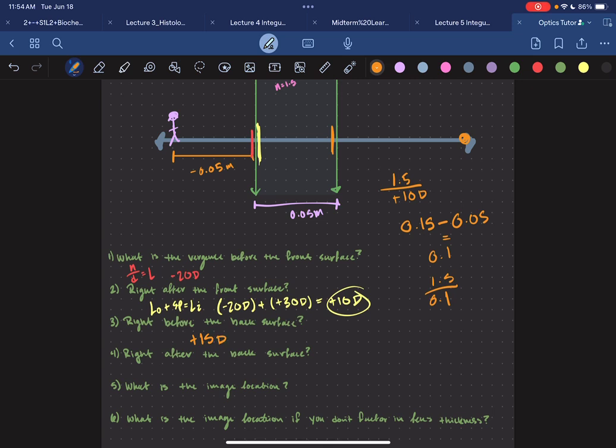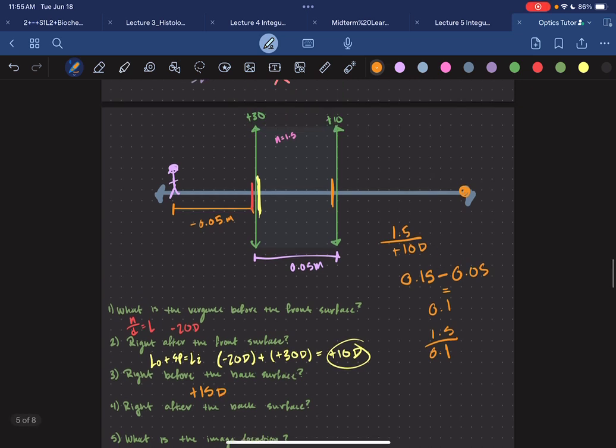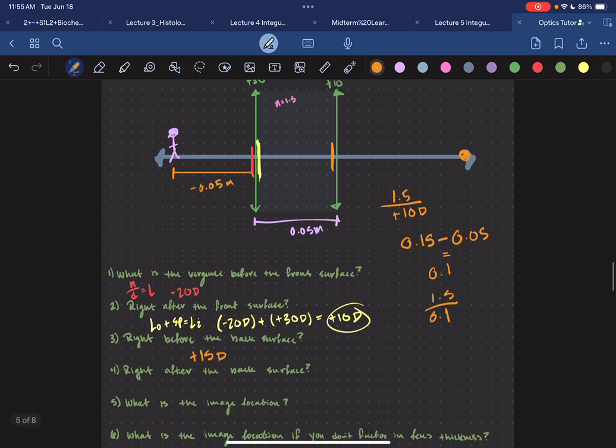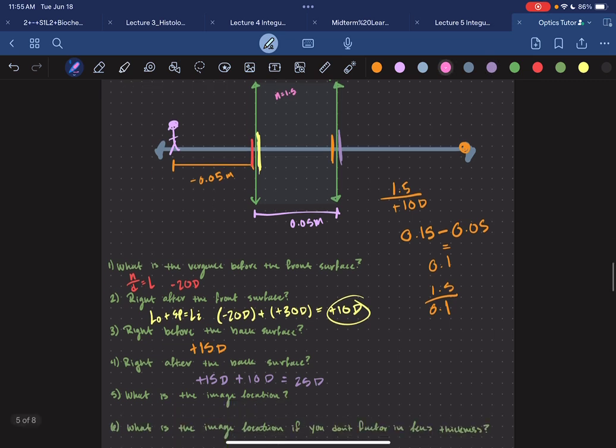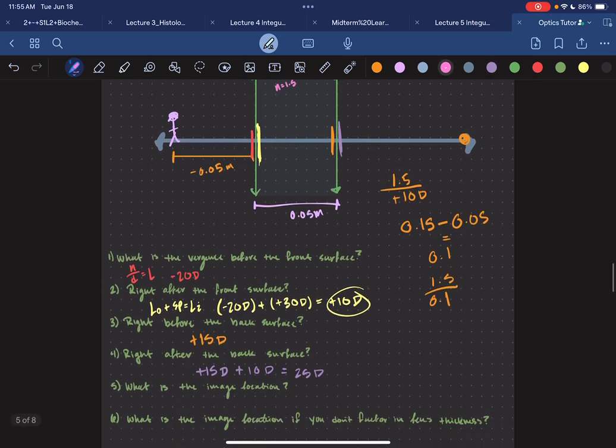Now to find the divergence right after the back surface, we just have to add those two together. Plus 15 diopters, and then we add that to the back surface power, which is 10, and that will give us 25. That's the divergence right after the back surface. To find the image location, we use that divergence.